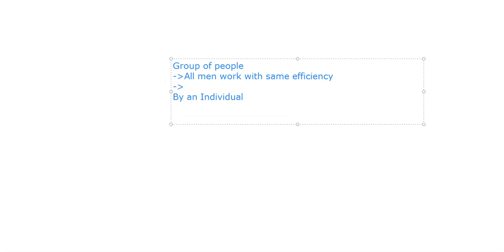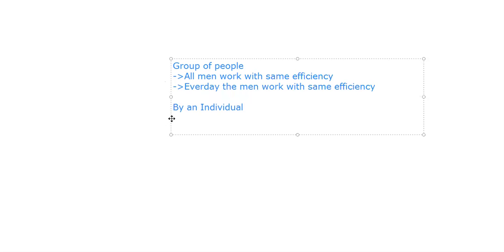Second assumption, every day the men work with same efficiency. So now these are the two assumptions we have to make while solving questions based on a group of people accomplishing a work.